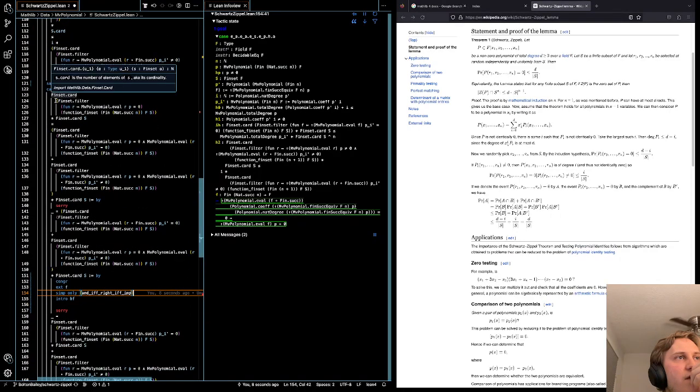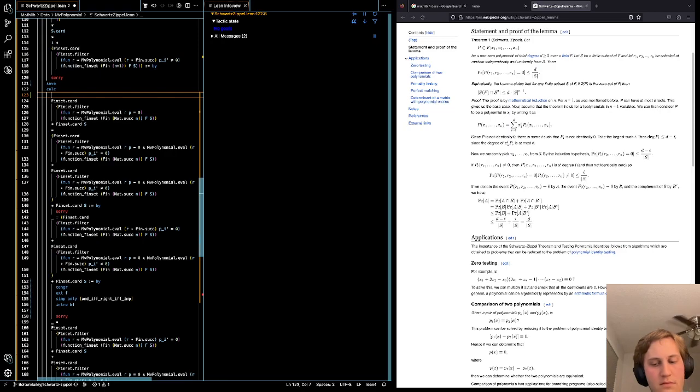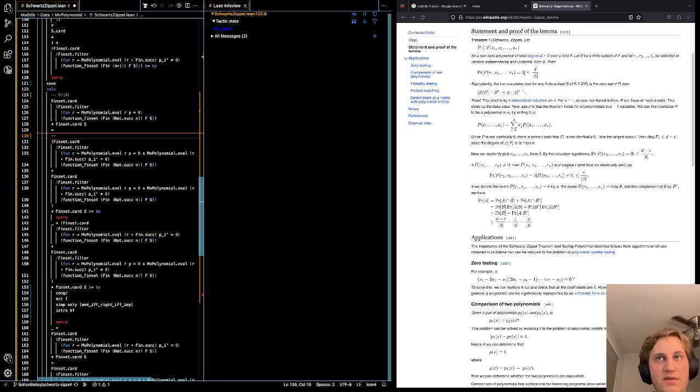Right, so this is the first block. Maybe I should write out my calc block. This is what corresponds to the probability of A. This is what corresponds to probability of A and B plus probability of A and B complement.